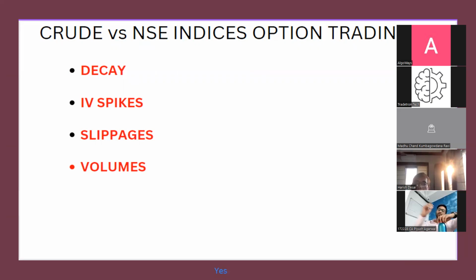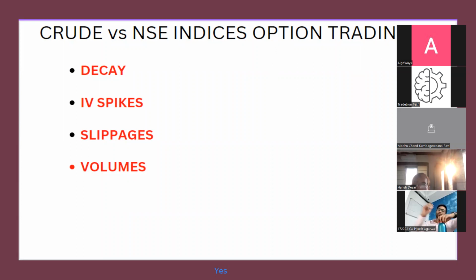So we know how the decay will happen. It will be less on Friday and gradually it will increase, and ultimately on Thursday it has to collapse to the nearest to the max pain point. But in case of crude, it is not so. In crude oil trading, when we start in the expiry, we are not relying on decay. On what we are relying, we will discuss as we go along.